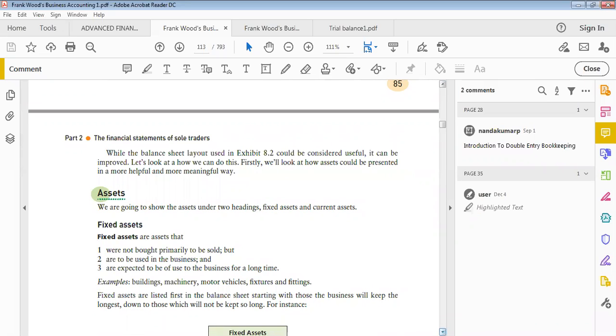Is a simple one. However, it can be more useful if it is improved, right? Firstly, we look at how assets could be presented in a more helpful and more meaningful way.